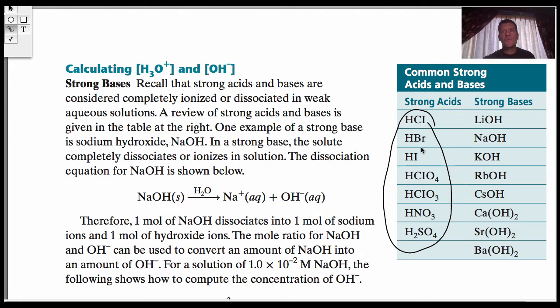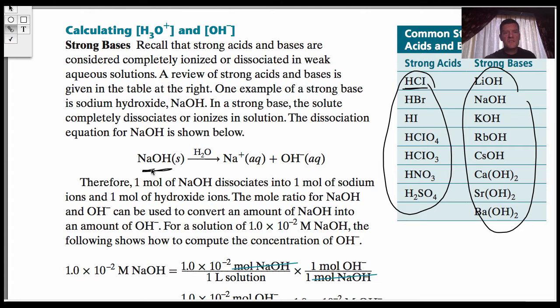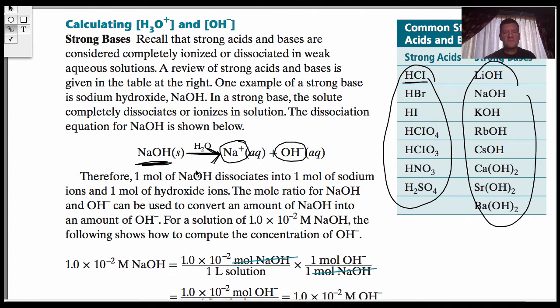When these are put into water, they completely break apart into ions. And these strong bases also completely break apart into ions when you put them in water. So here's a strong base, sodium hydroxide, completely breaks apart into ions. Notice the one-directional arrow. Everything is going one direction.